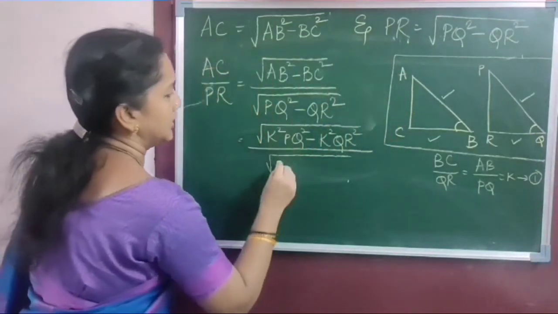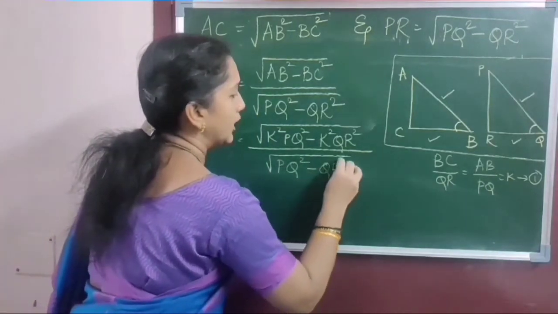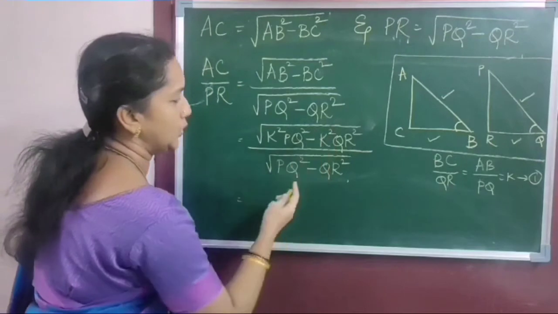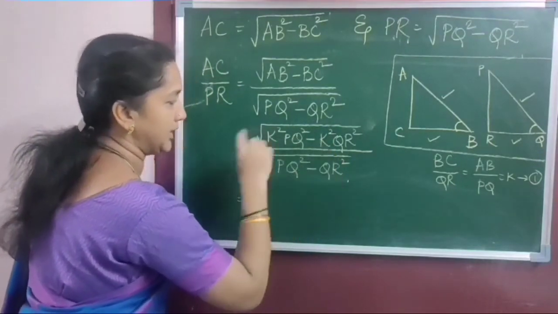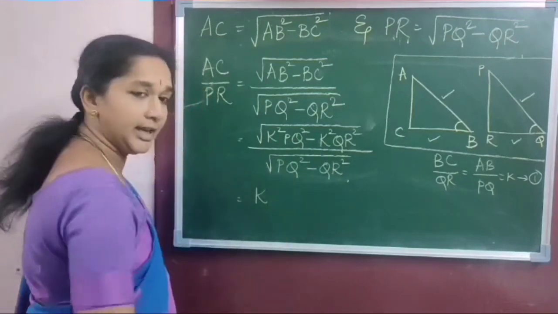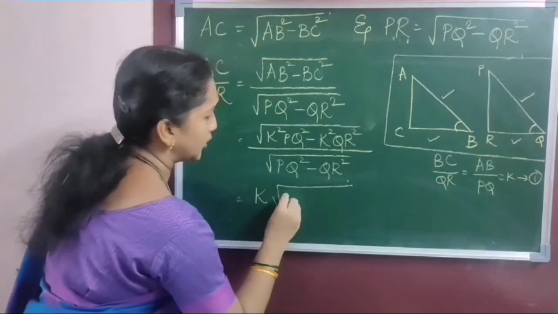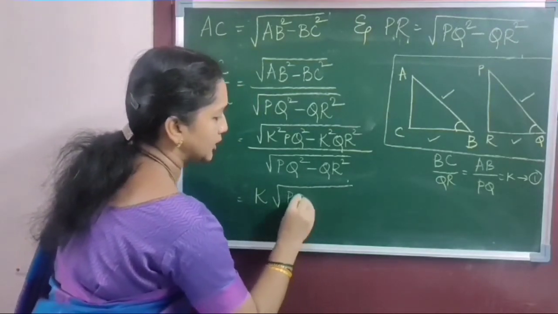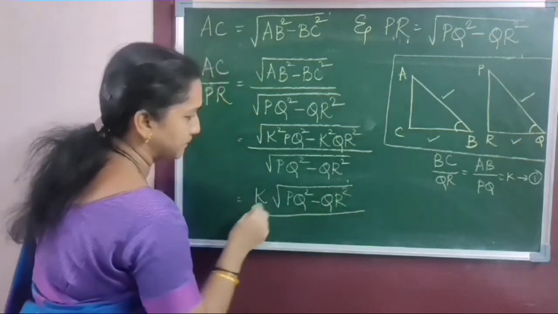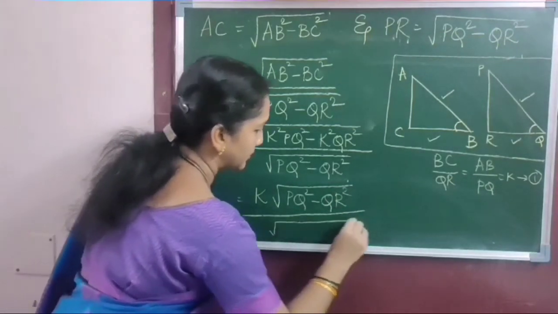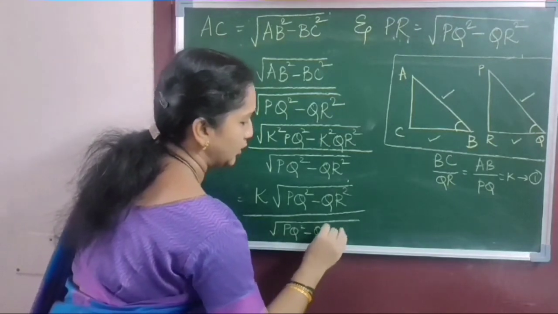Okay, so now I am writing PQ squared minus QR squared. When I am writing it, this K squared is common, so I am taking that out of the root, and we will get K. So K is equal to root of PQ squared minus QR squared by root of PQ squared minus QR squared.